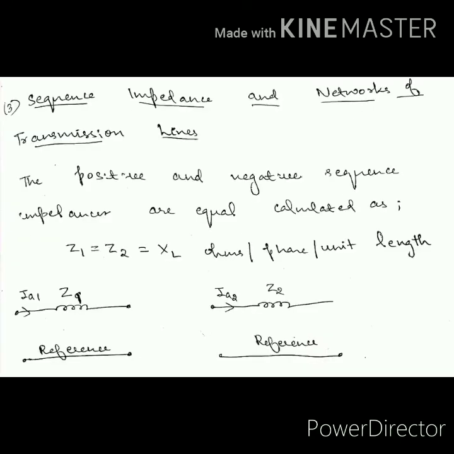Now we'll move on to the last concept before solving the problem. This shows the sequence impedance and networks of transmission lines. In a transmission line also, positive and negative sequence impedances are the same. So you have the equivalent diagram shown with Z1, IA1, Z2 and IA2.